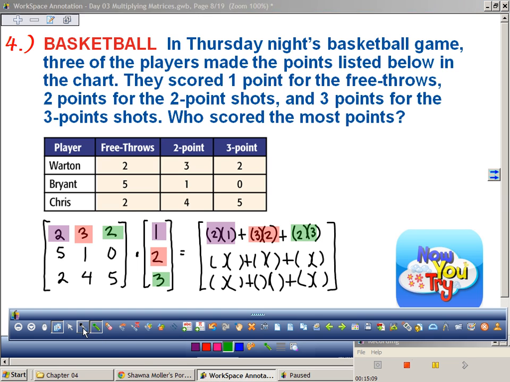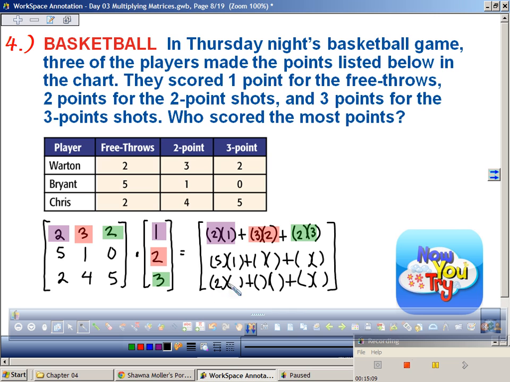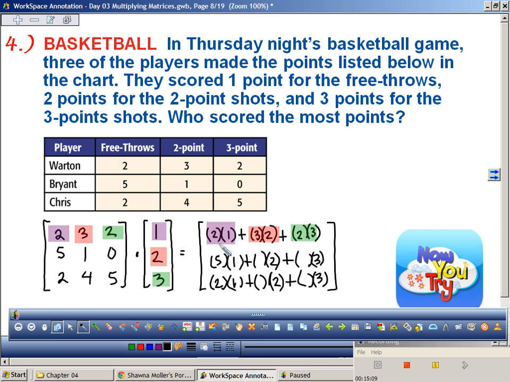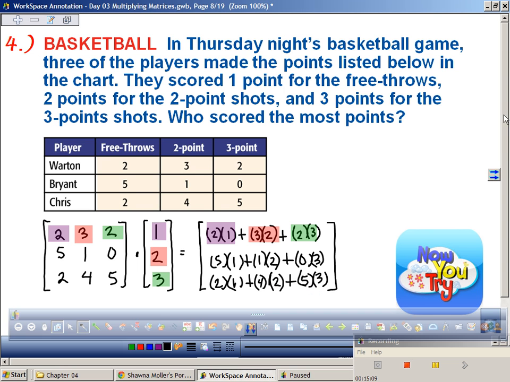At this point, if I were to move on to 5 times 1, wouldn't that be a 1 here? And wouldn't this one be a 2 times 1? So it would be 1, 1, 1, 2, 2, 2, 3, 3, 3, right? If you feel like filling it in that way, you can do that as well. So that would be 5, then 1, then 0, 2, then 4, then 5. Once you see the pattern, sometimes it's easier like that.